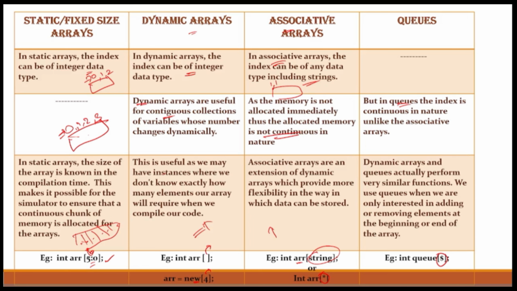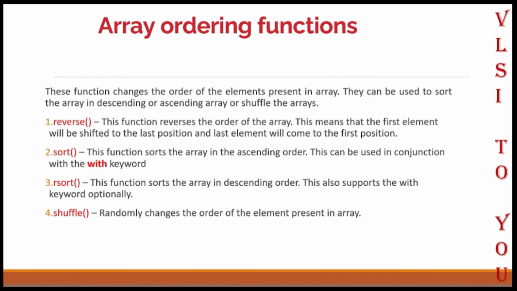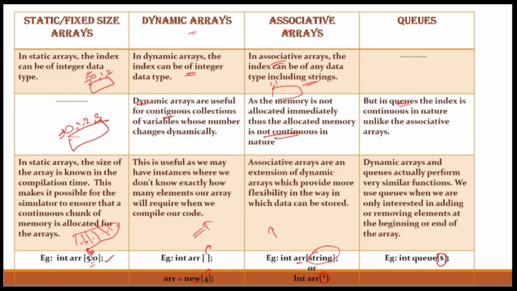Right, so this is all about all the arrays in one go. Okay, hope you are clear about all these arrays. So in tomorrow's session I'll be explaining all the functions. Since I already told you arrays is a very important topic, in arrays you have two more important topics, which is methods.